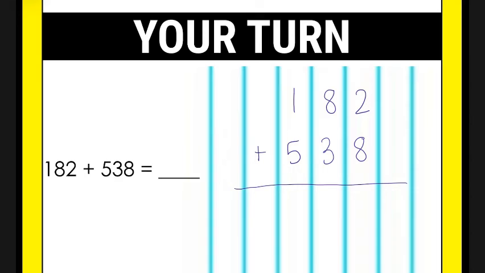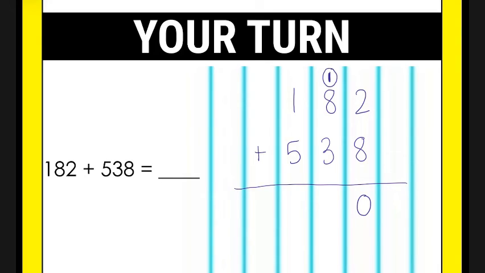Okay, all our ones, our tens, and our hundreds are lined up. First step is to add the ones. Go ahead and do it. Eight plus 2 equals 10. So you should have your 0 in your ones, and then regroup your tens.